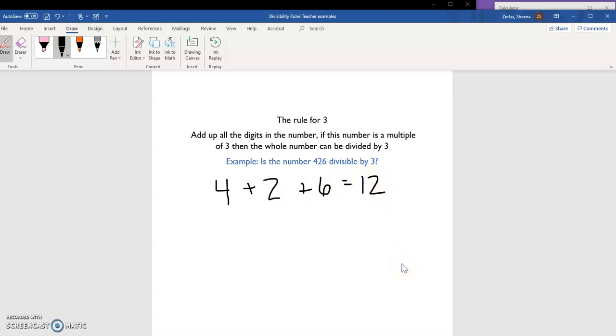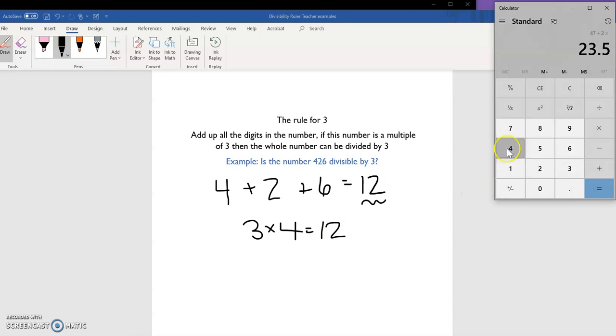I'm going to check either a multiplication table or my knowledge of multiplication facts, and I know that 12 is 3 times 4. So because 12 is a multiple of 3, this whole number can be divided by 3. If I go to my calculator and do 426 divided by 3, I get 142, so it can evenly divide.